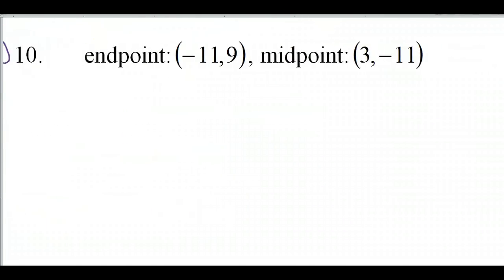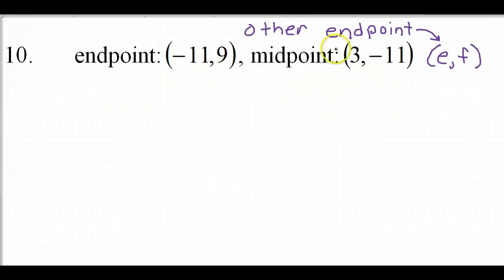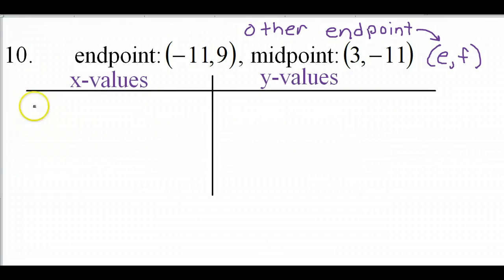What about number 10? Okay, the other endpoint. Once again, I'm going to call it (e, f). So x values: the average of -11 and e should equal 3. That means -11 plus e divided by 2 should equal 3.